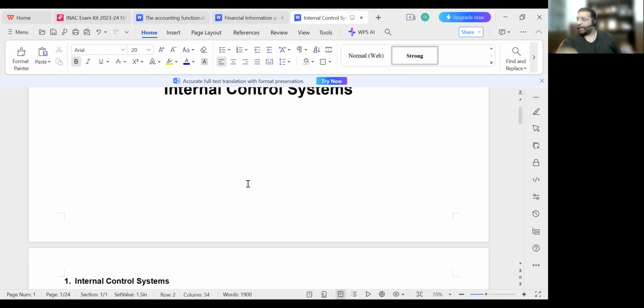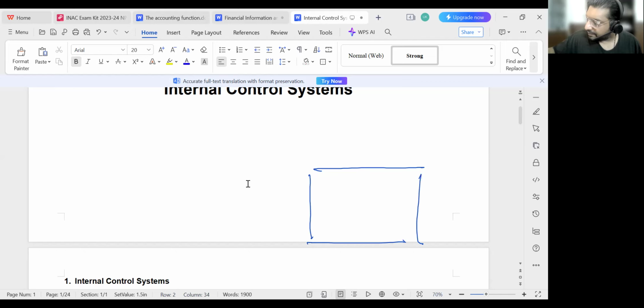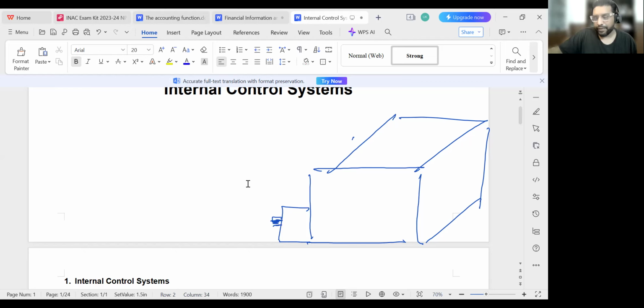Internal control system again is, let's say if we draw an office and we try to see how many types of internal control systems we have. So on the entrance, you have a thumb impression, right?